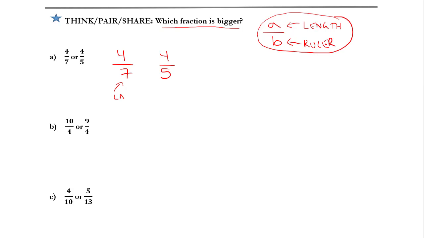So this is a larger ruler, and this one is a smaller ruler, okay? So the question is, if you had a larger ruler, would it take you more times or fewer times to measure the same length?